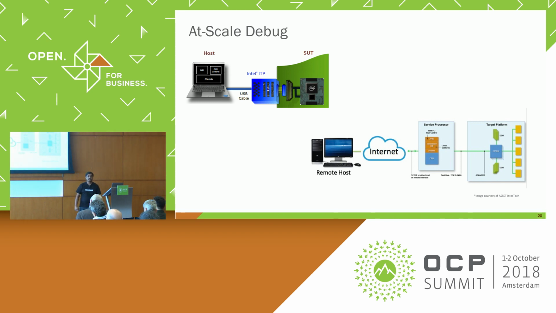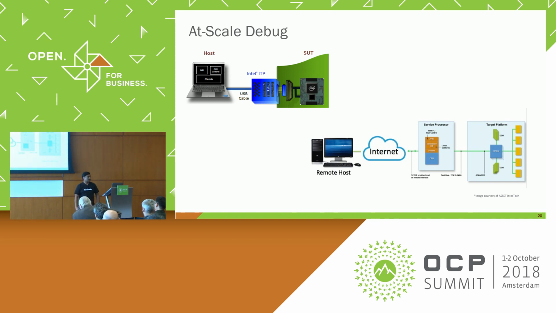This proves useful only in the lab, for example, where you saw the problem and can reproduce it. But what if it happens in the data center, once in a while, randomly, based on the applications? There is no way today. I think one way is to take the system out and try to reproduce it on the same system, but sometimes it's not easy to reproduce the same issue at all.